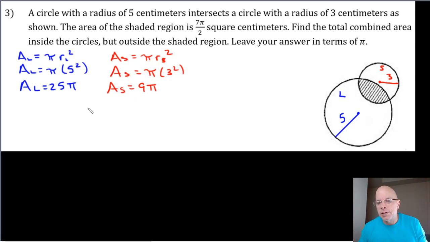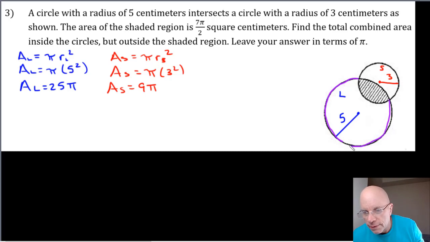You can pretty much tell you're going to need those areas, but then how do you use them? There's many ways to think about this, but I think the best way is to define 2 regions. I'm going to outline this first region in purple.